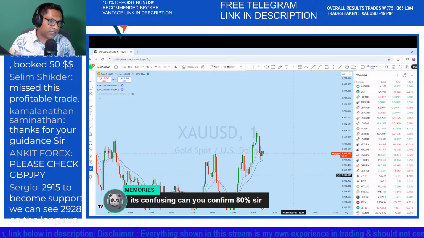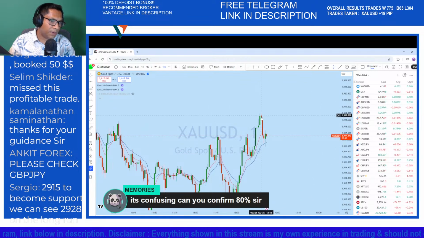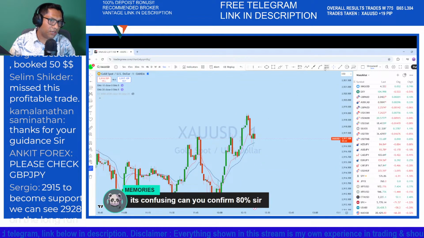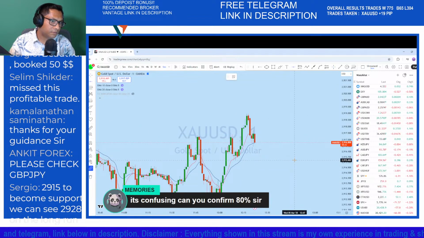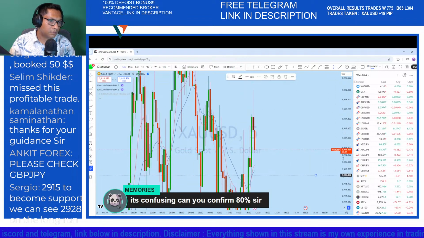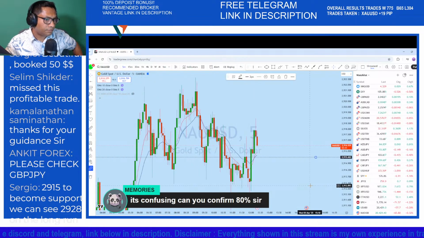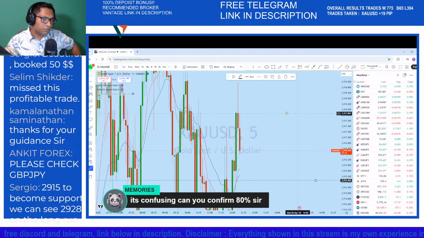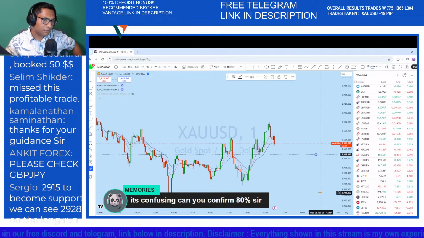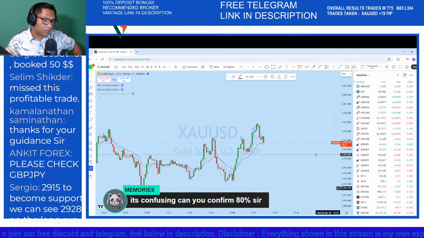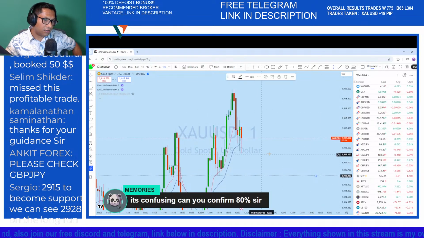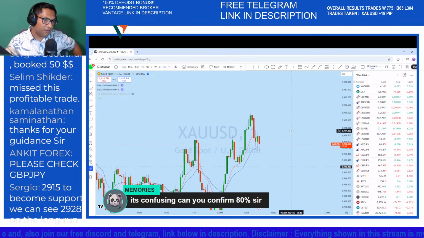Now you can see here also with this bounce, the market may drop well below that support here. There are a couple of long wick candles in that area.